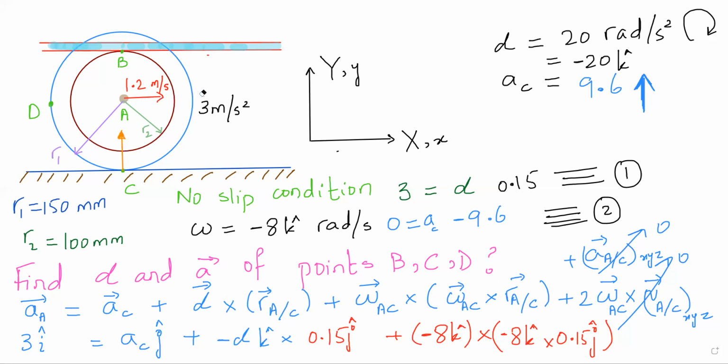This arrow should be a little small. Of course, I am not drawing to scale, but you get my point, right? So this is 3 meter per second.